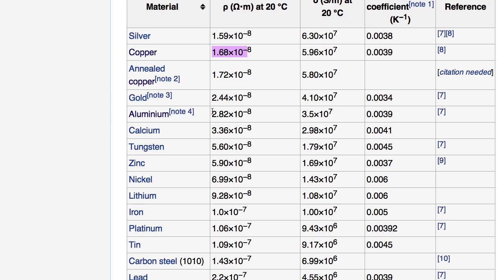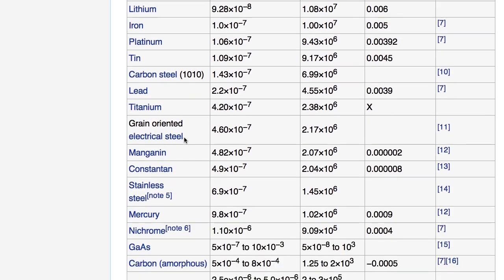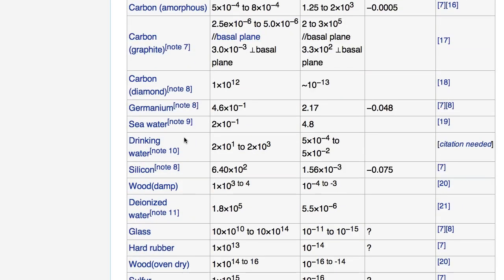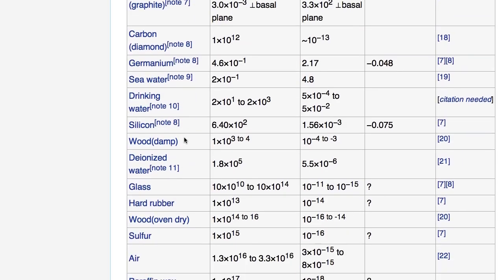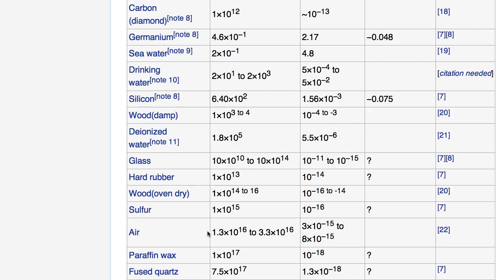Here's aluminum. We had mentioned that in one of the movies about how aluminum has a higher resistivity than that of copper. You can see how much higher it is. And aluminum wire can cause fires in houses if you're not careful. And then way down here, well, look, there's glass, sulfur, air. Look how large that resistivity is. So remember, resistivity is a property of the element that hinders the flow of current.